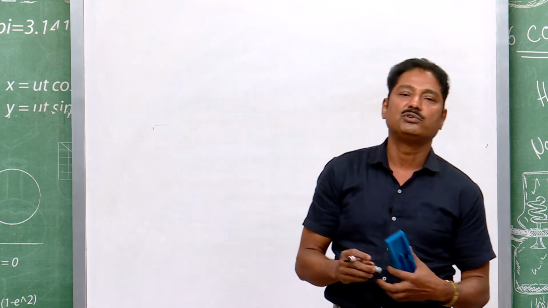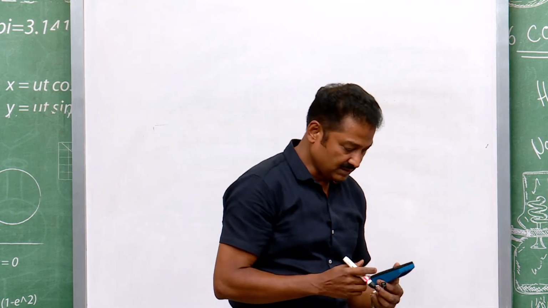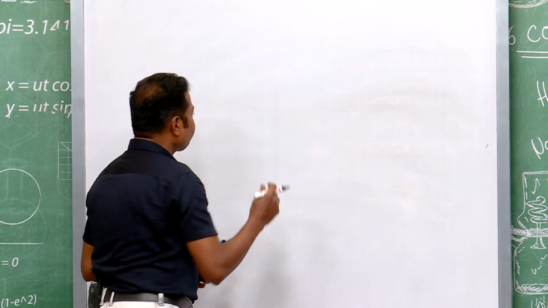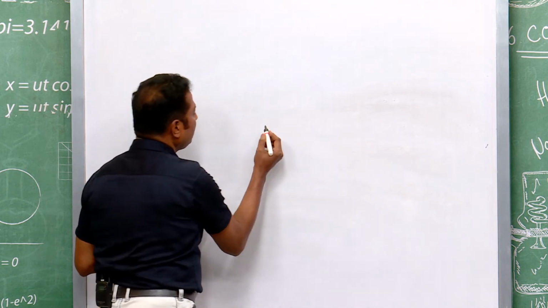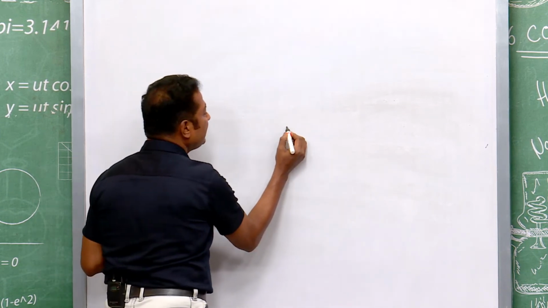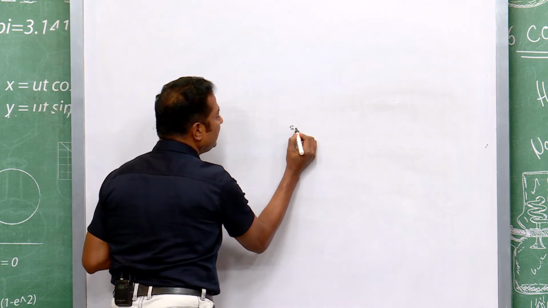Now, you come to the conductivity of the material. If the conductivity is considered, that is measured in Siemens per meter.